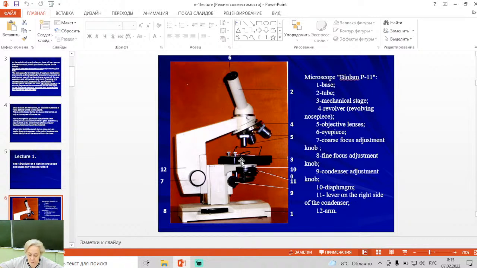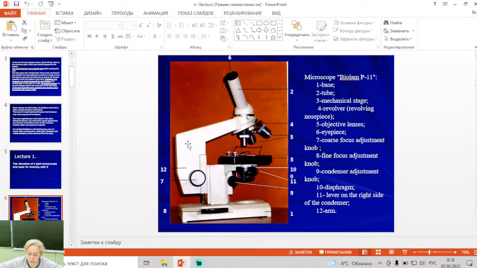The coarse focus adjustment knob, number 7, is located on the sides of the base. The arm of the microscope, number 12, during the rotation of this knob, goes up and down to focus the image.